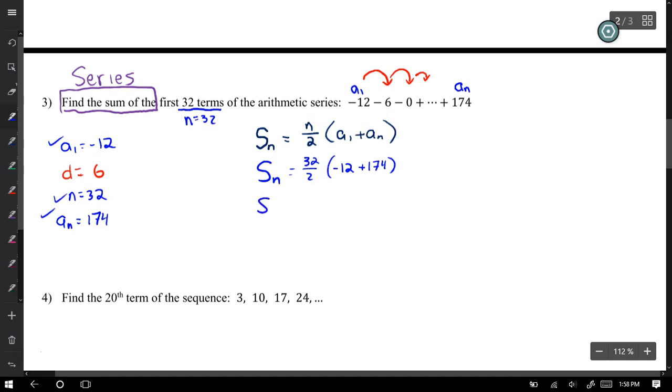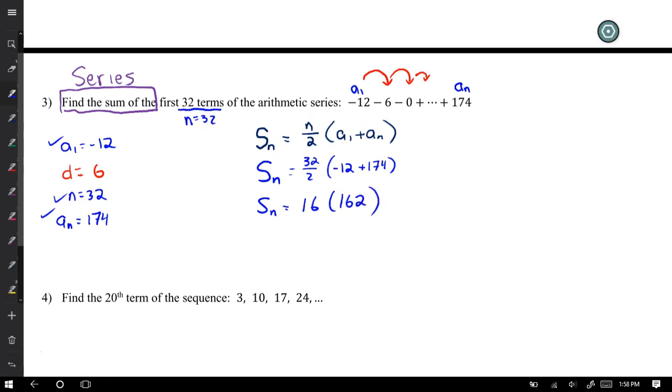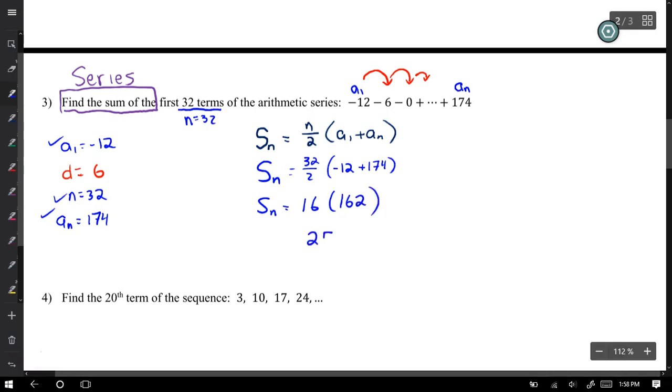The sum is going to be 16 times, and I have negative 12 plus 174, so 162. It's 2,592. And so that is the sum, remember n is 32, of the first 32 numbers in that arithmetic series.